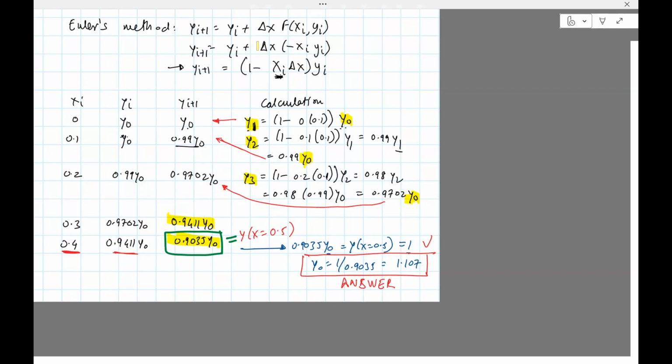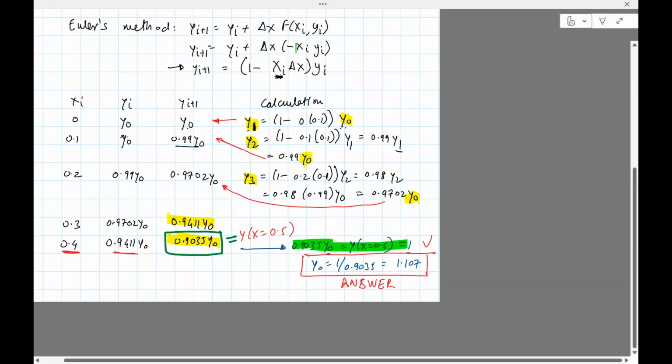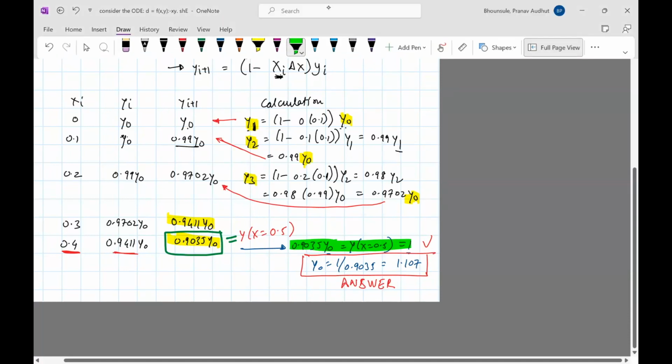Now the problem was so chosen that this condition, highlight this, this is our condition, right? This is the boundary value condition.